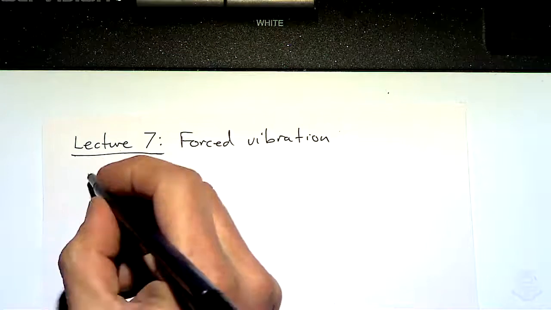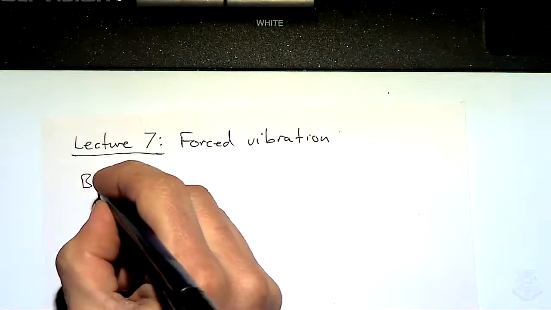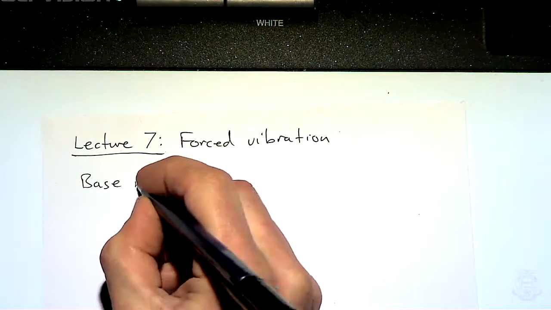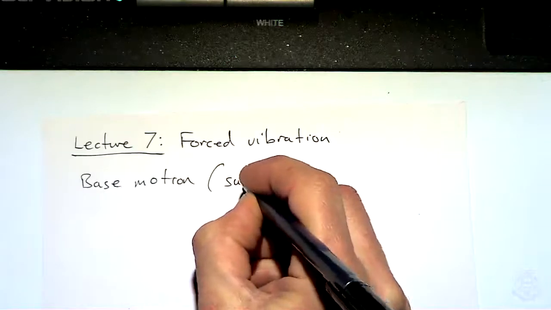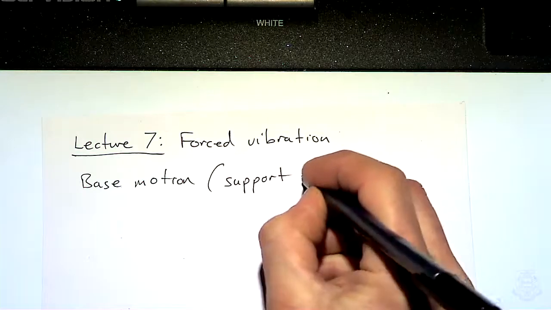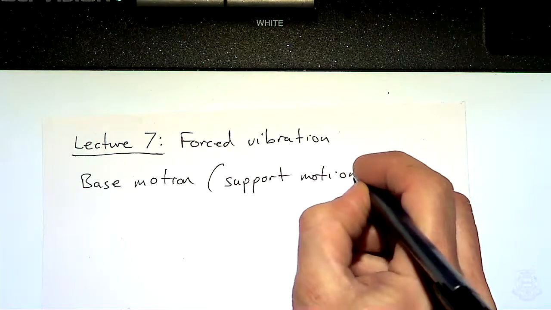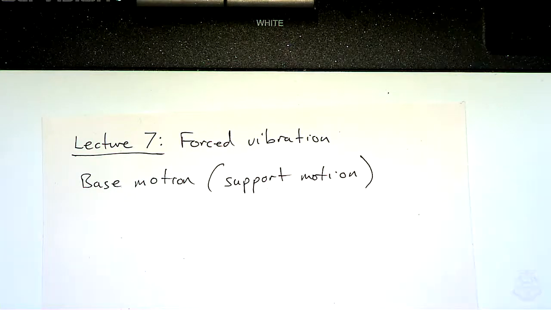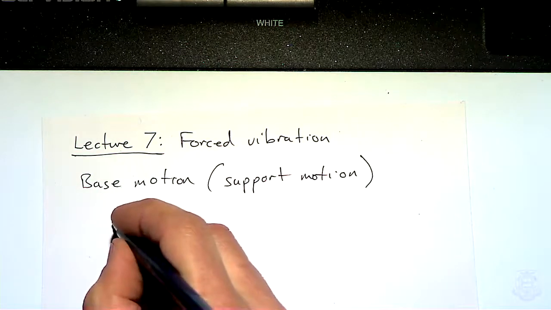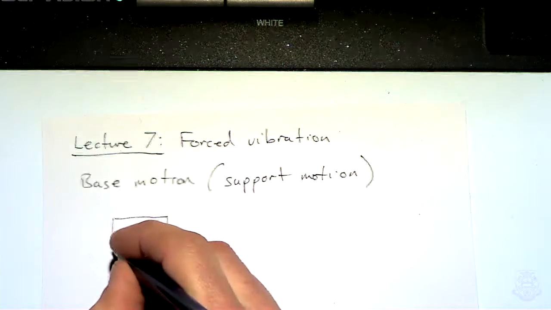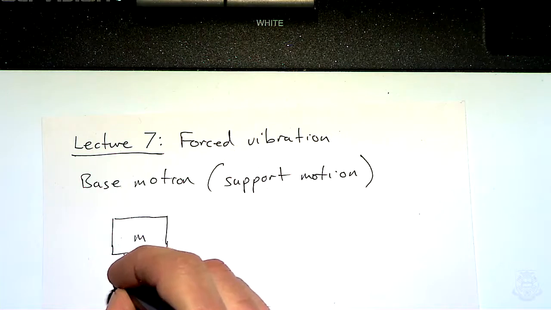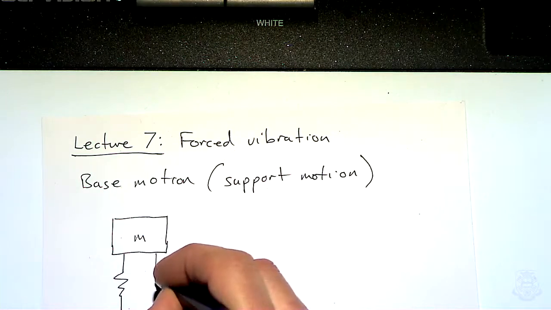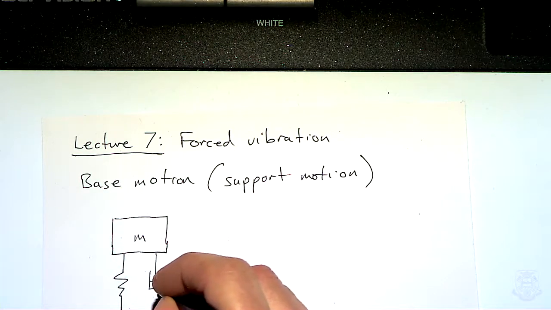Okay, so as I say, two cases we're going to look at. The first is called either base motion or sometimes support motion. And what that means is we have our single degree of freedom system just as we have previously with our mass, our spring, and our damper, like this.